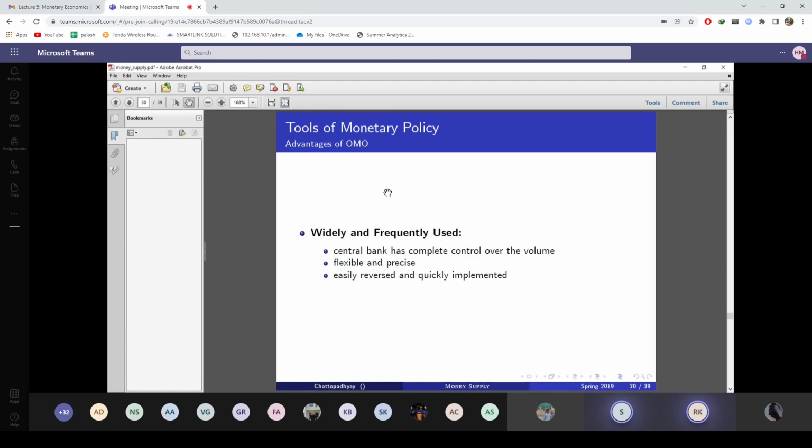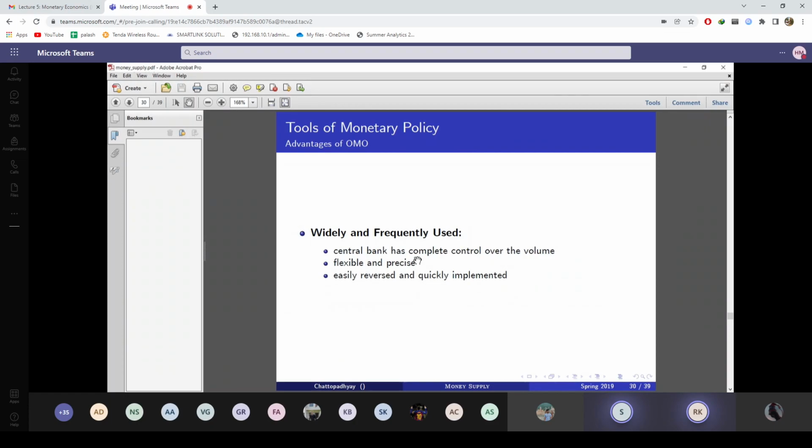The thing is, in open market operation the central bank has complete control over the volume. How much bond I will sell, how much bond I will purchase, I have complete control on that. It is flexible and precise. And third, it can be easily reversed and quickly implemented. These are the three reasons.